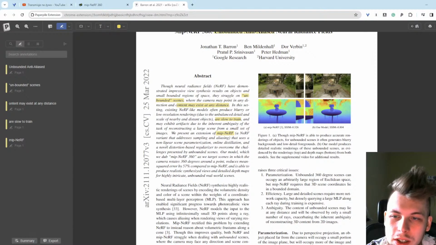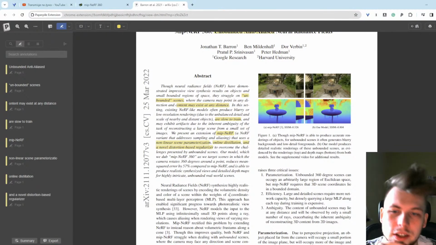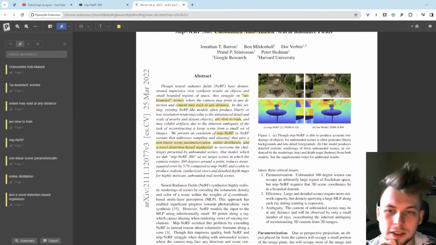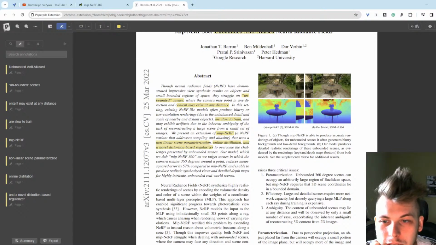that uses a non-linear scene parametrization, online distillation, and a novel distortion-based regularizer. So these three things are basically the three tricks that they do in this paper to get the results. We'll go over them one by one.